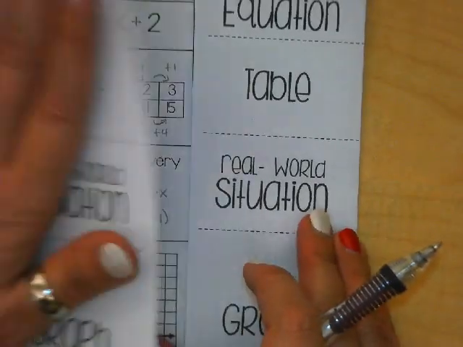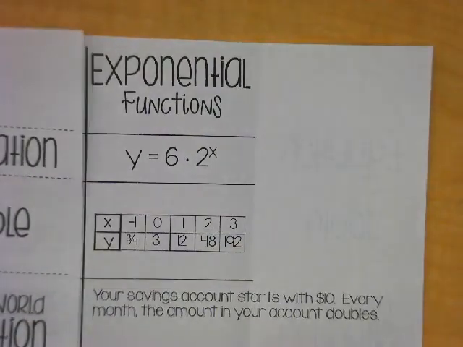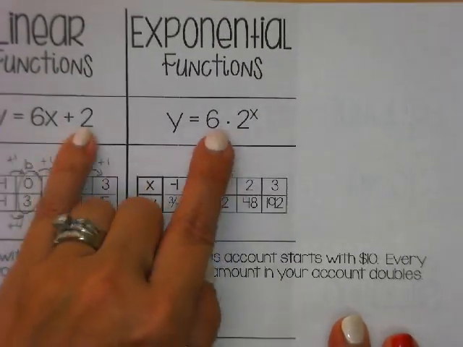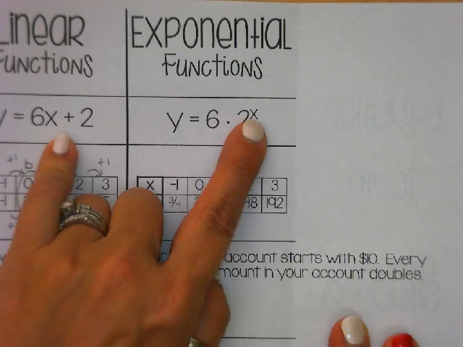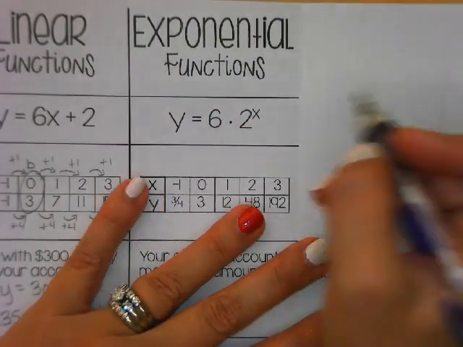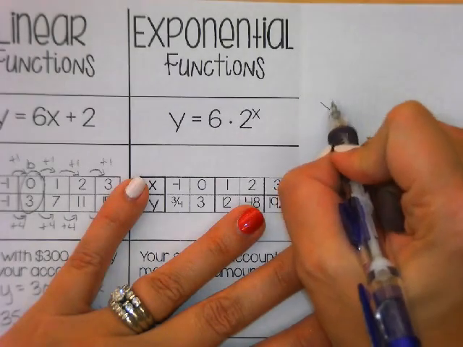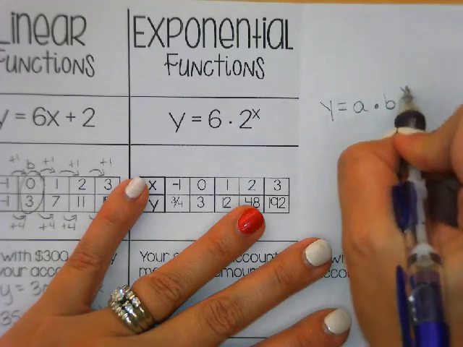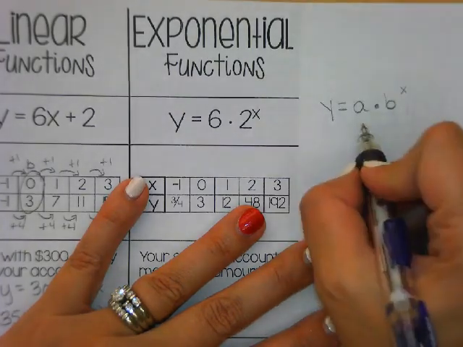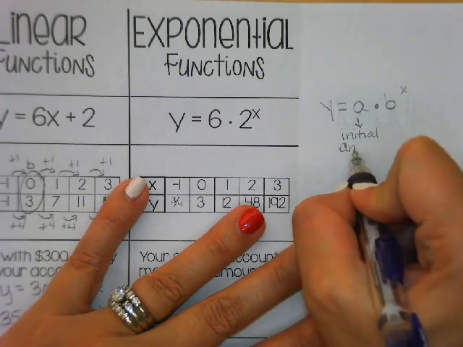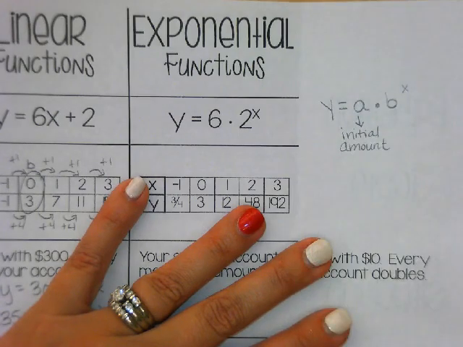Let's talk about, on this other side, exponential. Notice that this equation does not look like our linear equation. This has times instead of plus. We have an exponent, which makes sense since it's called exponential. So our format, instead of y equals mx plus b, is y equals a times b to the x power, where a is our initial amount, kind of like our y-intercept.